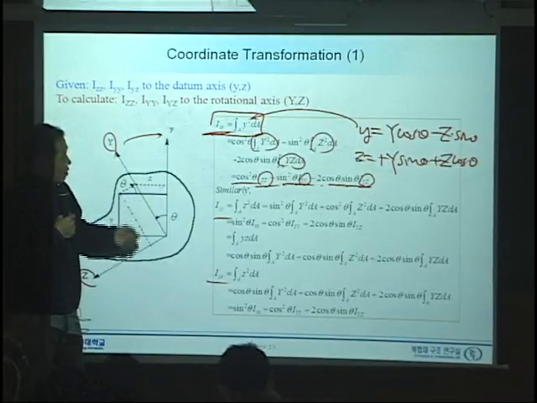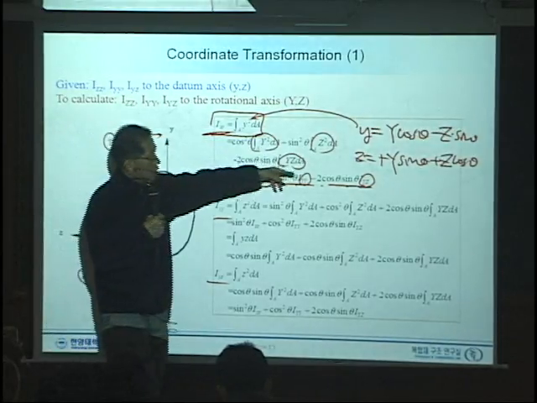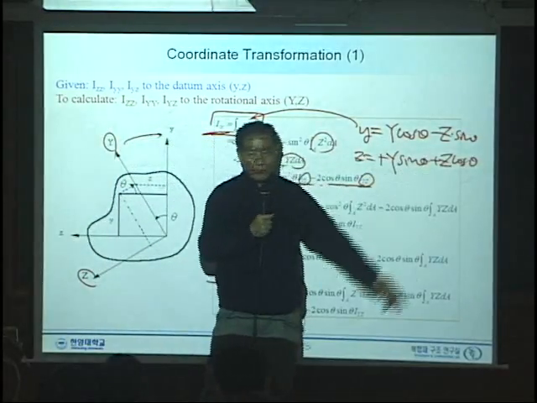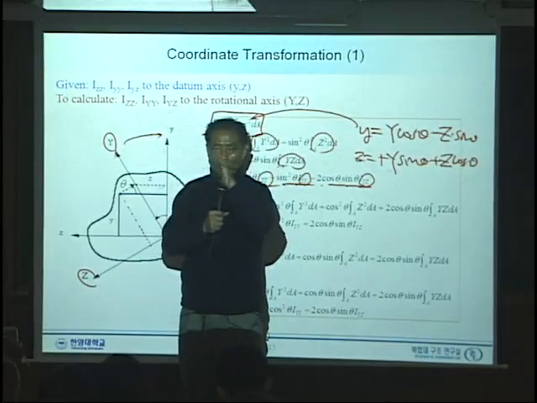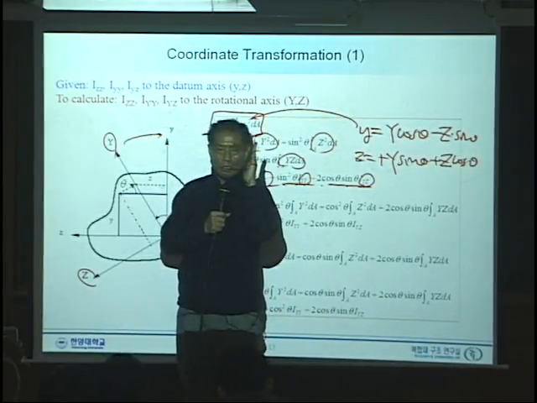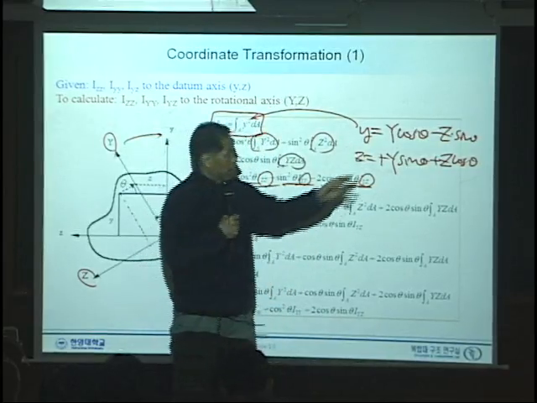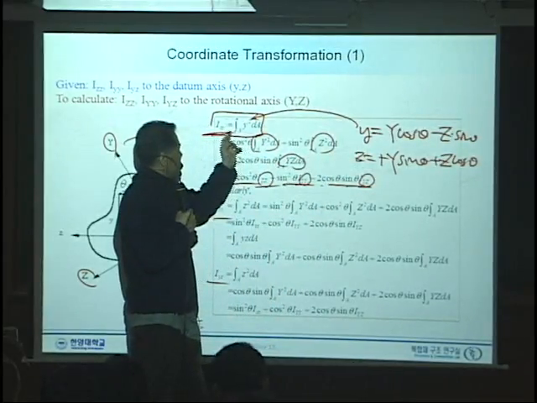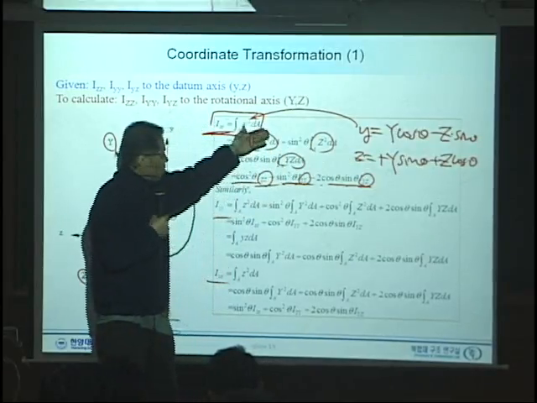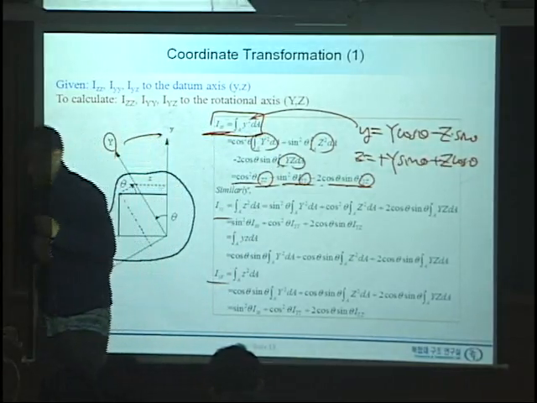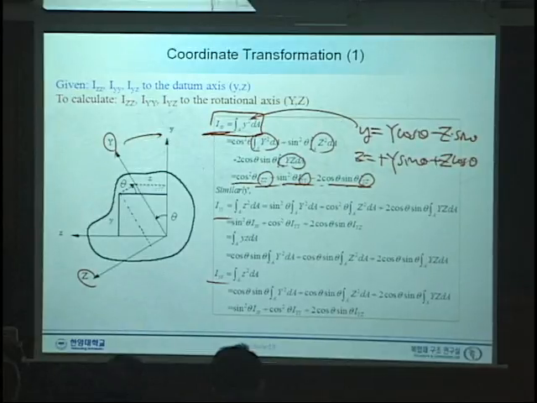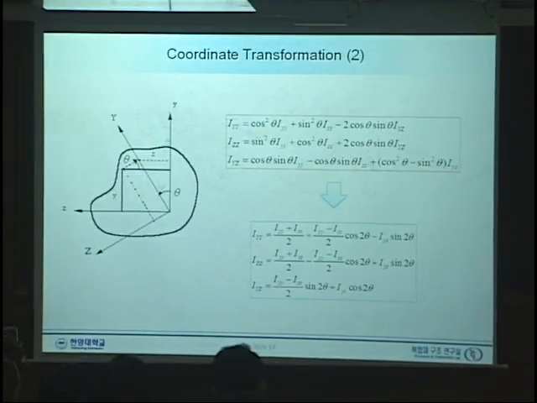By definition of this coordinate system, when we rotate from one axis to the other by angle theta, then we have a relation. By definition of this moment of inertia, we put this in here, go through a little bit of equation, and finally we got this relation.